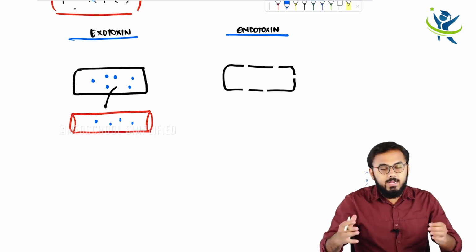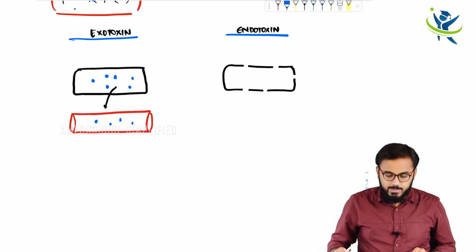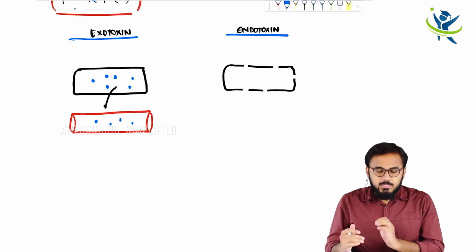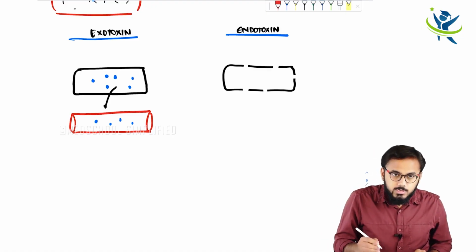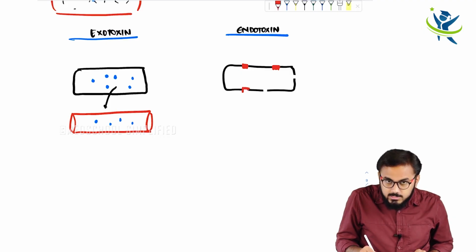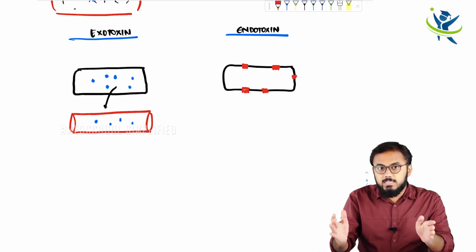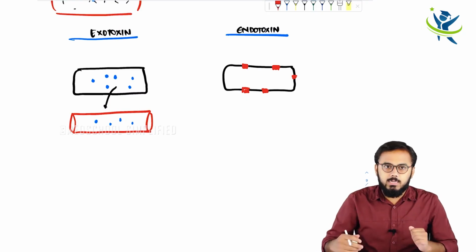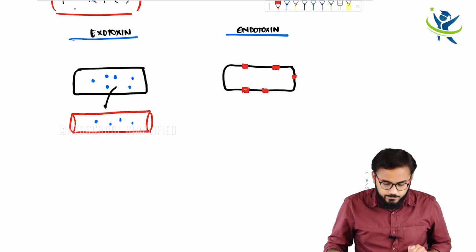They are coming out of the bacteria. On the other hand, when there is a concept of endotoxin, toxins are embedded within the cell wall of the bacteria, right? So only when you break the cell wall of the bacteria are these toxins released.